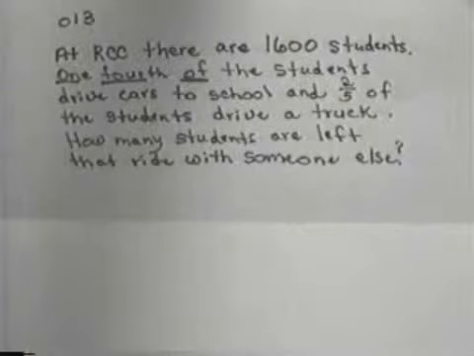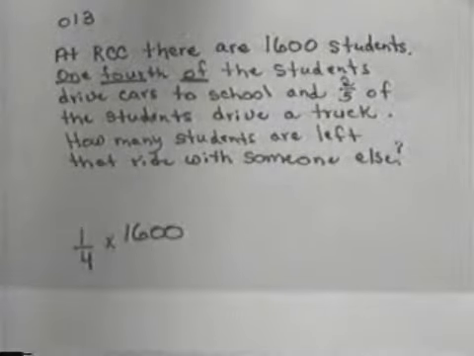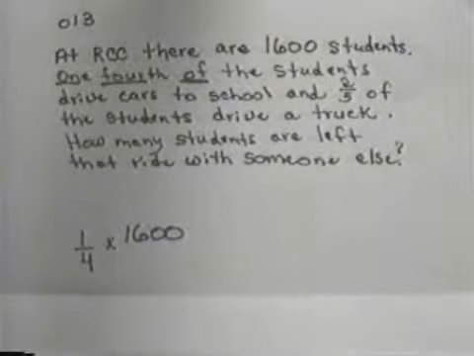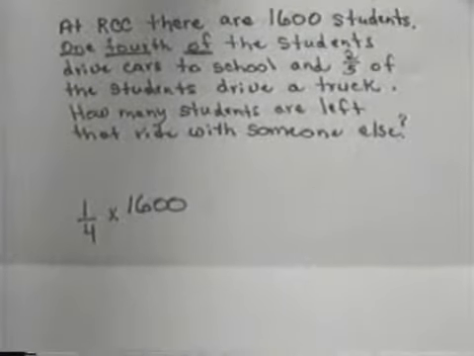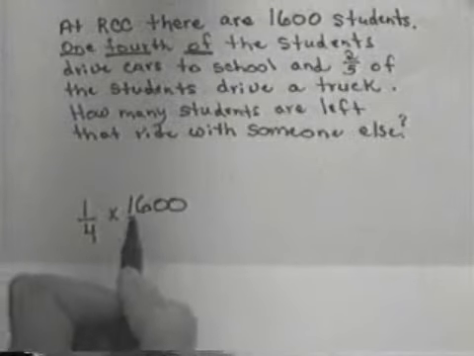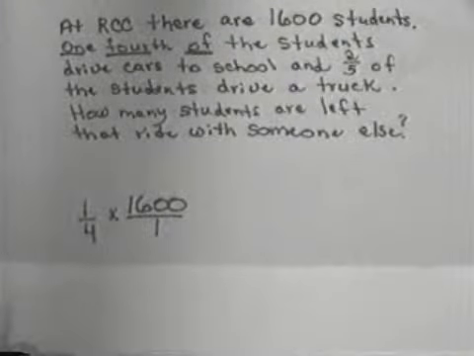Remember, if we want to find a fraction of something, we have to multiply. So we'd have to take our 1/4 and multiply it by the 1,600. So if we multiply 1/4 by 1,600, let's see what will happen. We'll put a 1 under the 1,600.